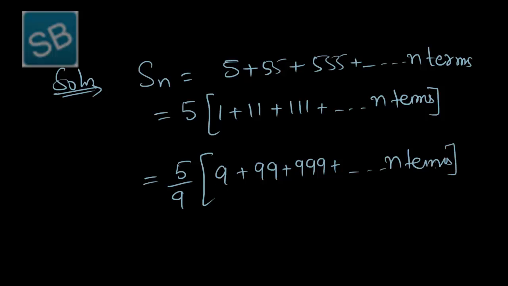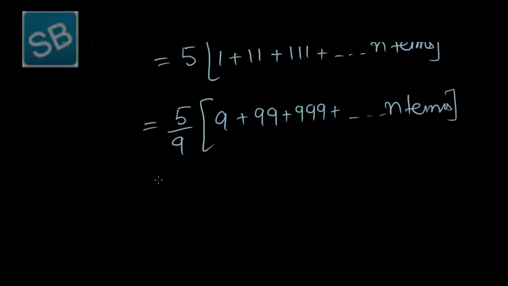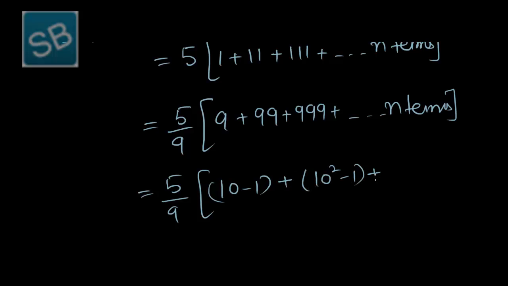This is the way to solve this question, so that we introduce 10. 9 can be written as 10 - 1, 99 can be written as 100 - 1, that is 10² - 1, and this can be written as 10³ - 1, and so on up to n terms.